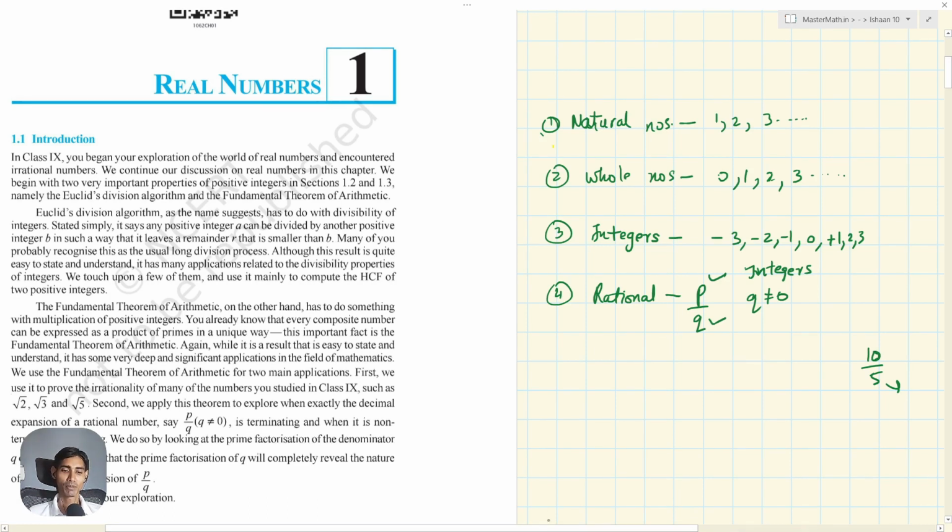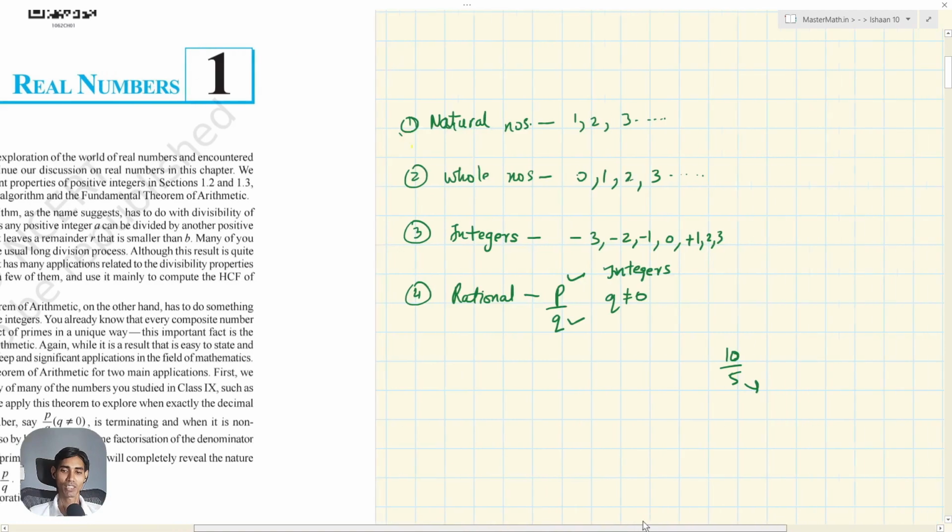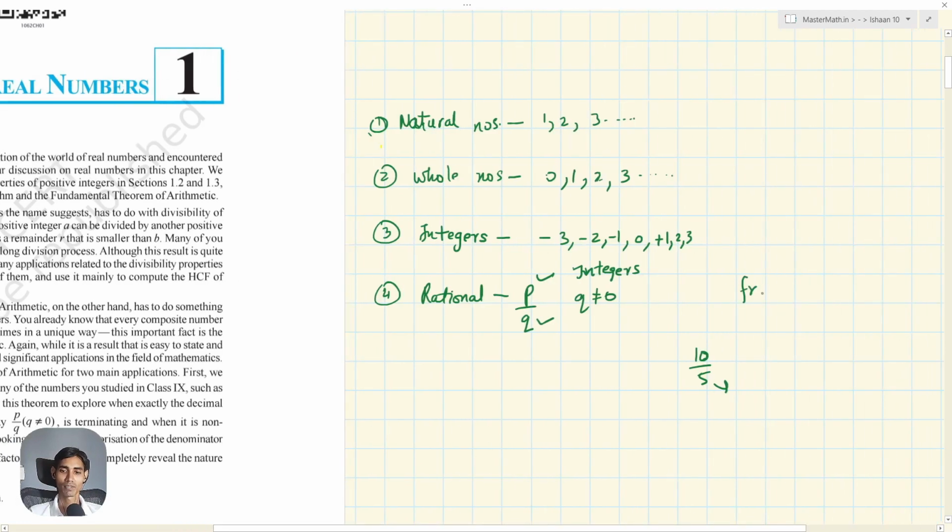Fine. Now what is the difference between rational numbers and fractions, or are they the same? A fraction is basically a part of something, 1/3 of something, 1/4 of something. But rational numbers can be -1/3 also.